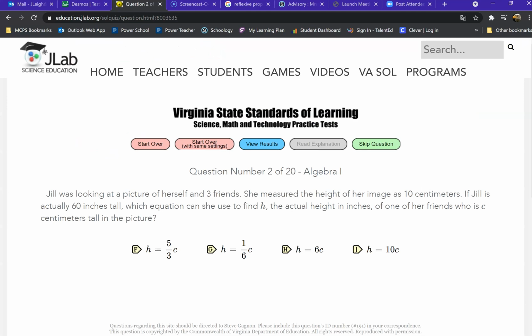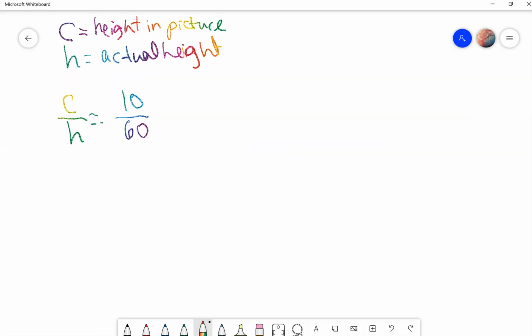We're trying to come up with the formula using her ratio to find out how tall one of her friends is. So we're going to cross multiply. So 10H equals 60C.